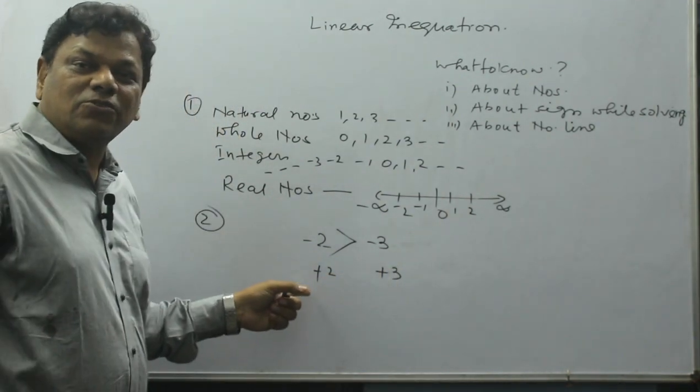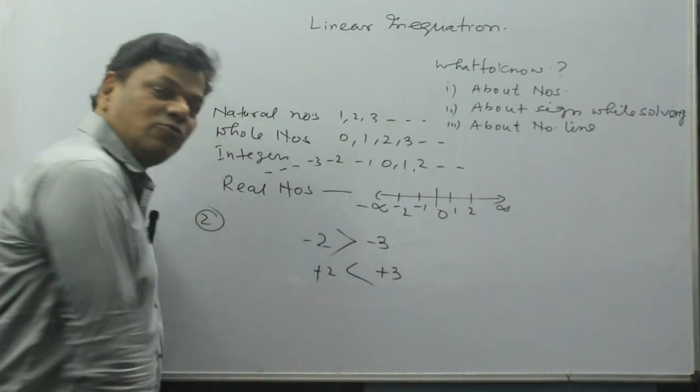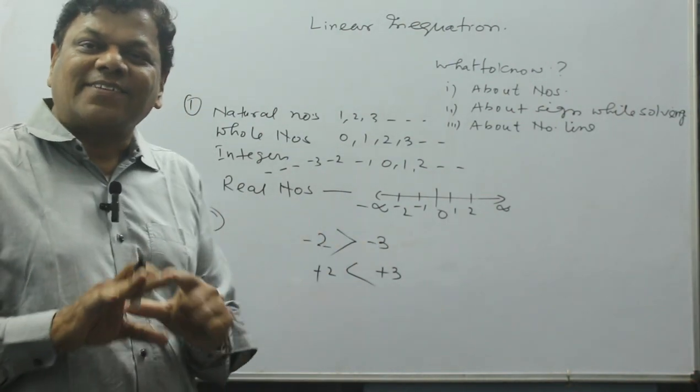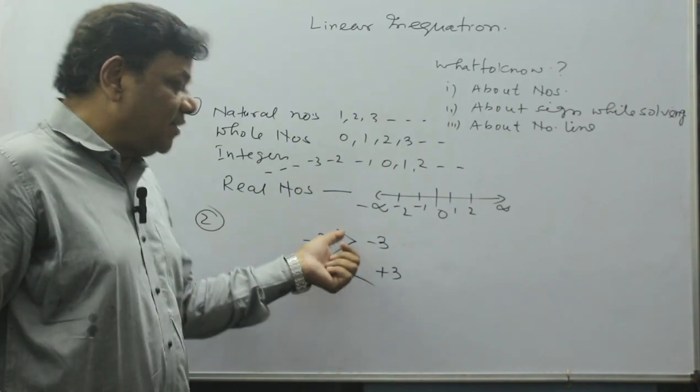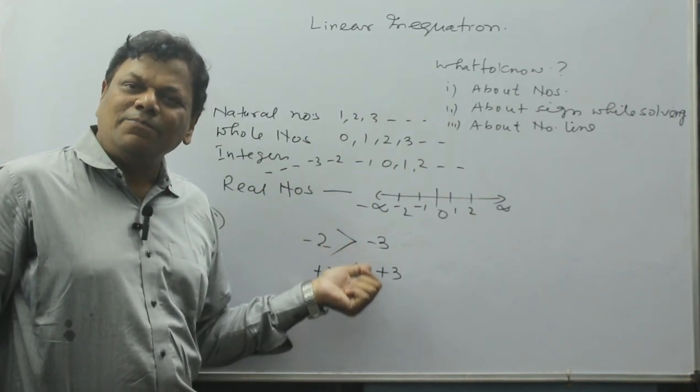Then 2 is no more greater. Now 3 is greater. So what we have understood from this is that whenever the sign changes on both sides, then the inequality sign also changes. Greater than becomes less than, less than becomes greater than.